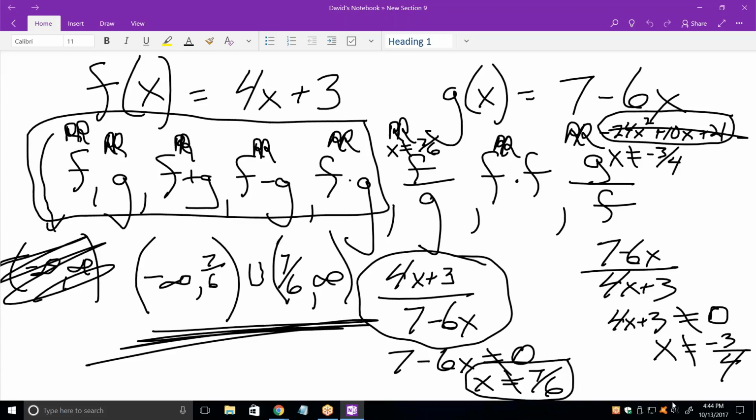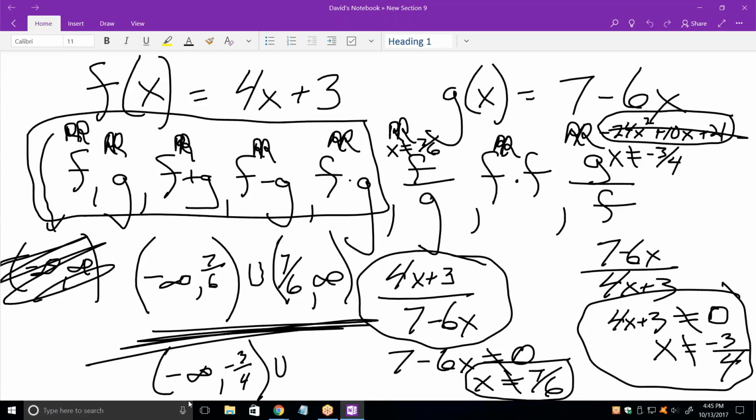That notation means the same as interval notation, but if you want the interval notation for that answer, it's minus infinity to minus 3/4 in union with minus 3/4 to positive infinity. In other words, exactly the same as the other one.